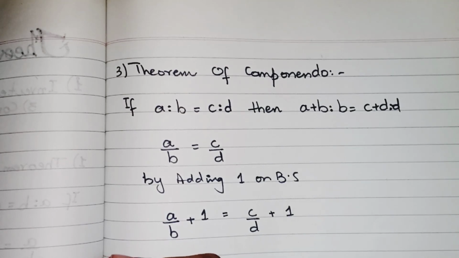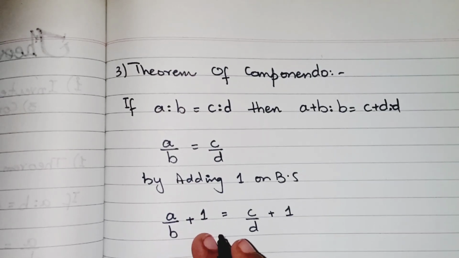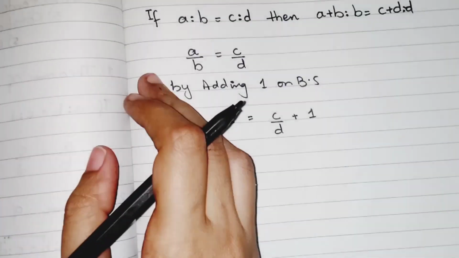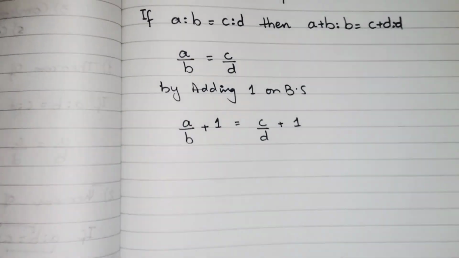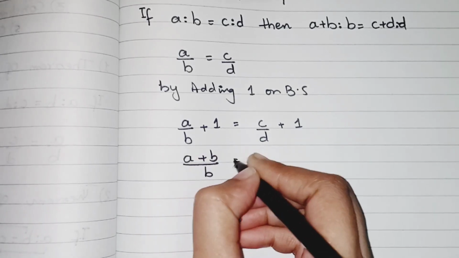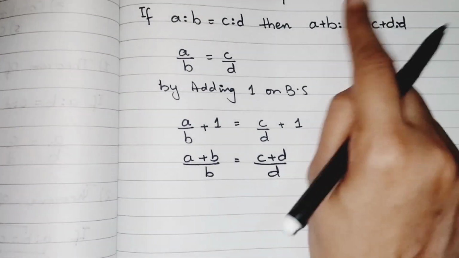Other than 1 we can take any number, so b will be converted into 2b or 3b or 4b or 5b whenever we take the LCM. So it will be written as A plus B upon B is equal to C plus D upon D, which is this one.